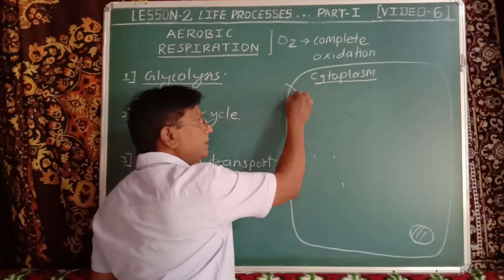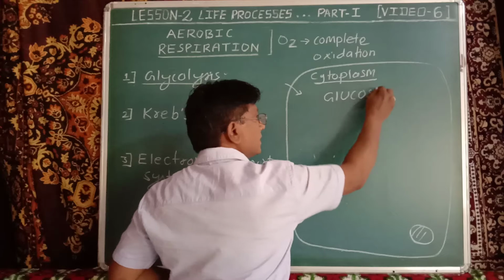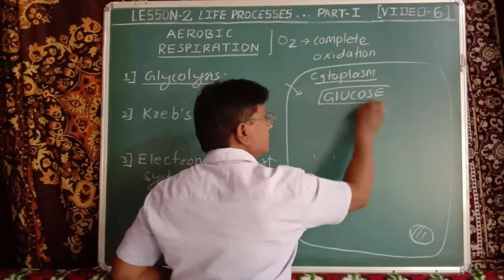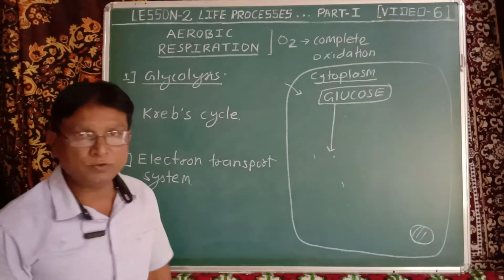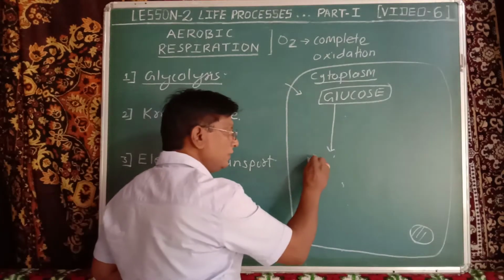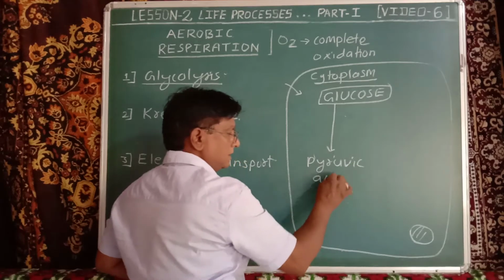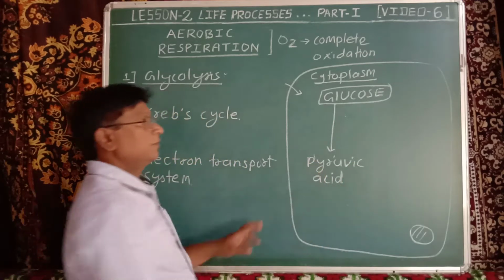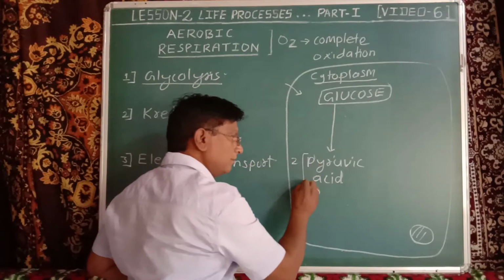When glucose enters into the cell, here is glucose. This glucose firstly in the cytoplasm gets converted into a chemical called pyruvic acid. From one glucose molecule, two molecules of pyruvic acid are formed.